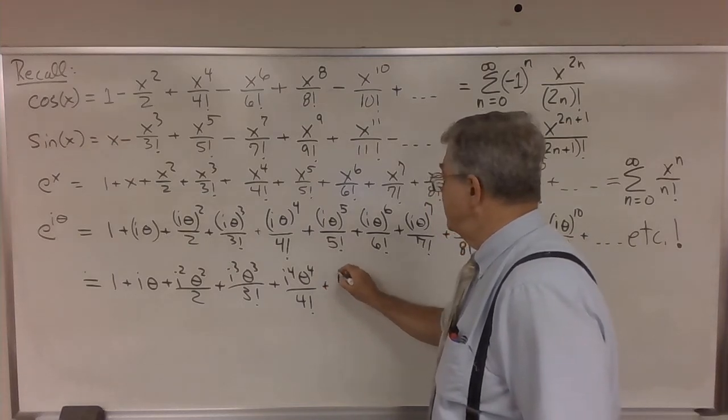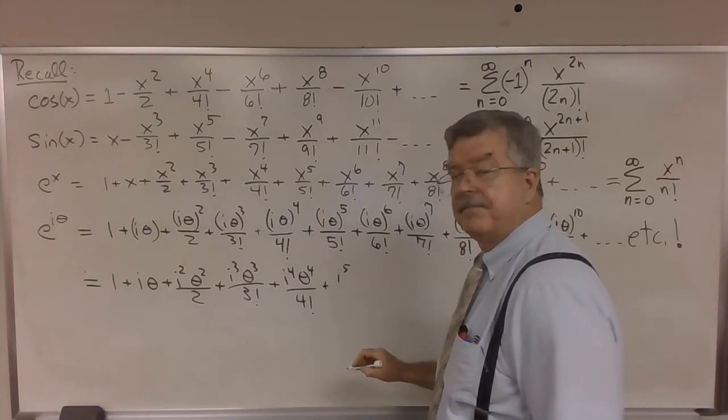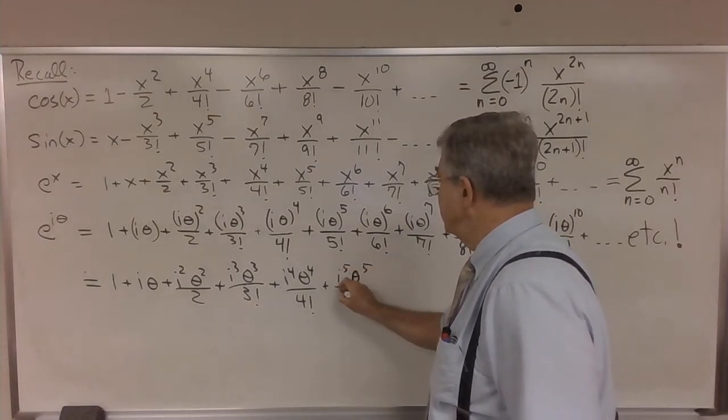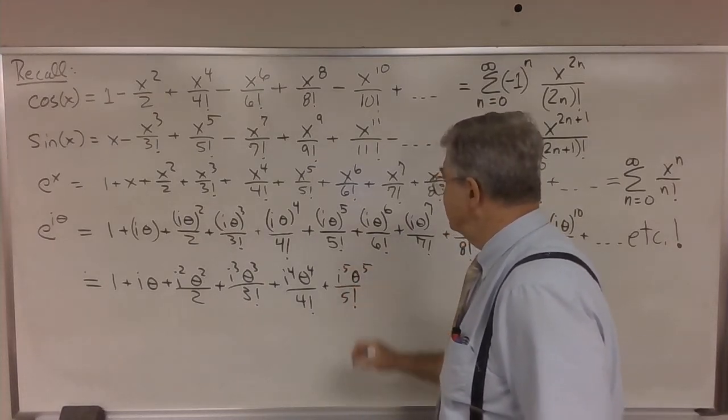And then i to the 5th theta to the 5th over 5 factorial.